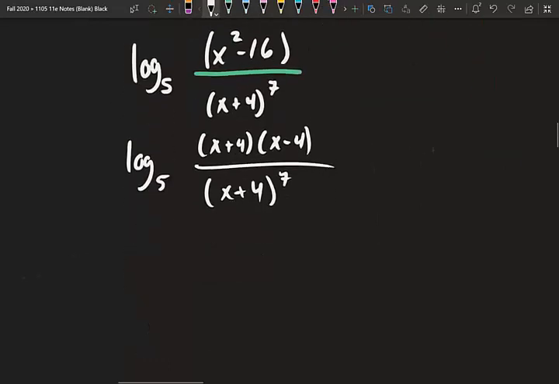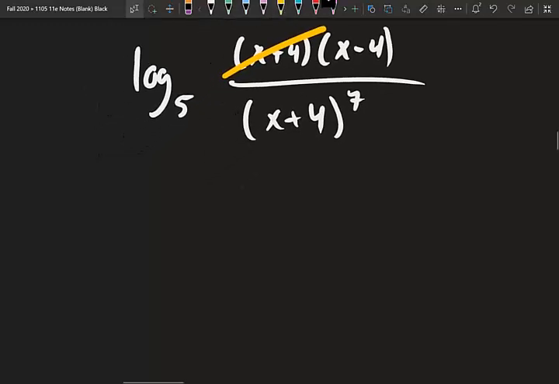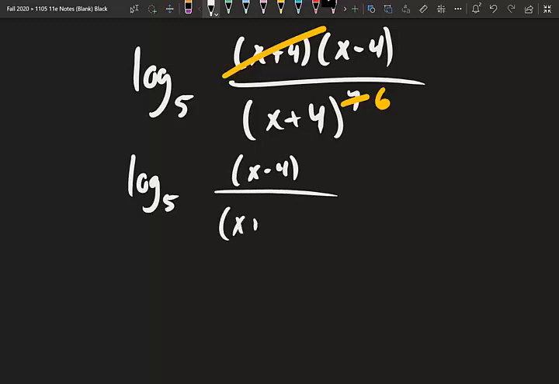So what we have now is 1 x plus 4, 1 x minus 4, and on the bottom we have 7 x plus 4s. So I can cancel out one x plus 4, so 7 minus 1, we're left with 6. So our final answer is log 5 x minus 4 over x plus 4 to the 6th.